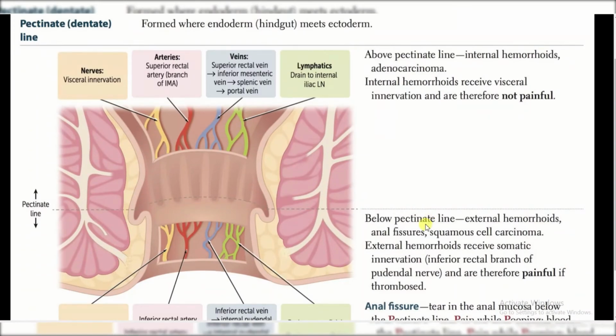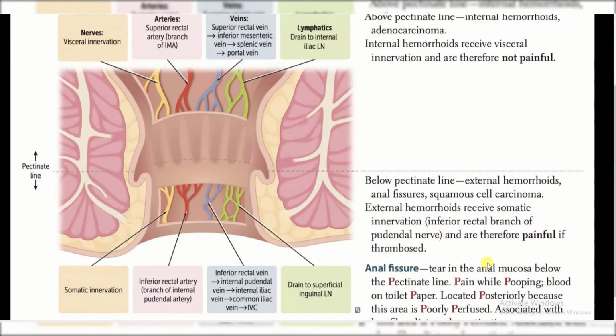The upper part can cause portal hypertension. The lower part does not cause portal hypertension. The lower part is related to somatic innervation, the rectal branches of the pudendal nerve, and this is painful because nerves are present here.